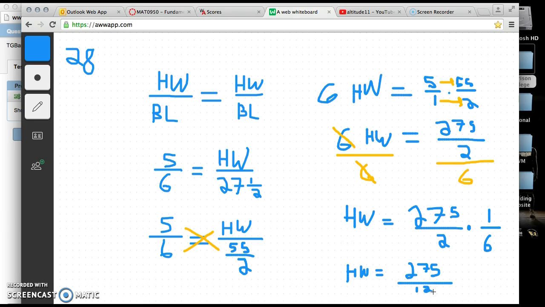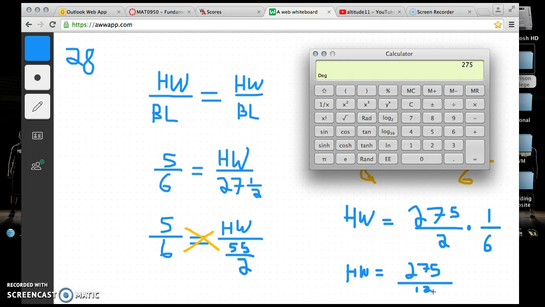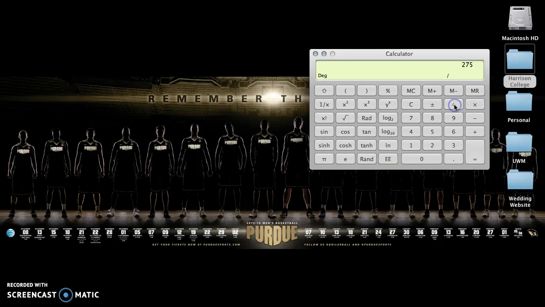All right, so let's see if we get a nice answer when we divide that out. 275 divided by 12. We do not get a nice answer, 22.9. And it appears that my internet browser quit on me. So this is our answer, guys, 22.9. Hopefully that is good enough.